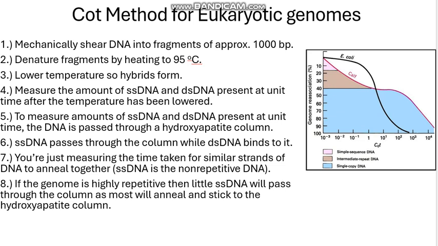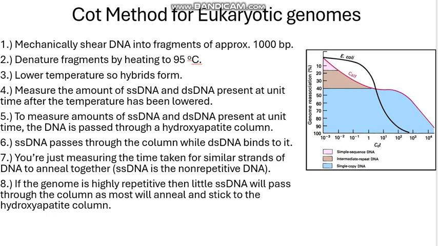So first, we mechanically shear DNA into fragments of approximately 1,000 base pairs using restriction enzymes. So we're taking the double-stranded DNA and cutting it up into 1,000 base pair units. We then denature the fragments by heating them to 95 degrees Celsius to break the hydrogen bonds, turning the double-stranded DNA that we've cut up into strands of single-stranded DNA.